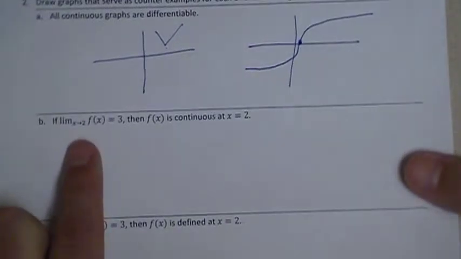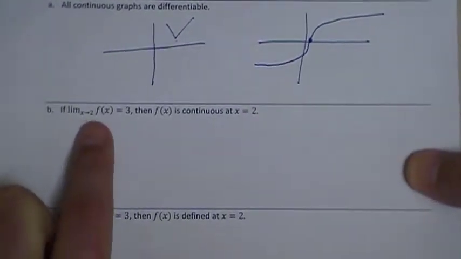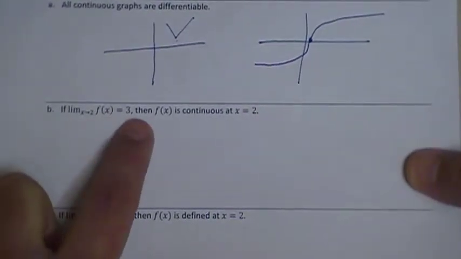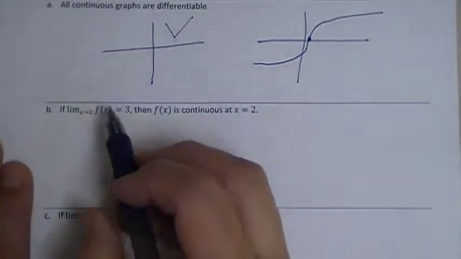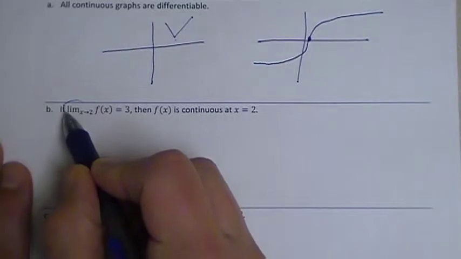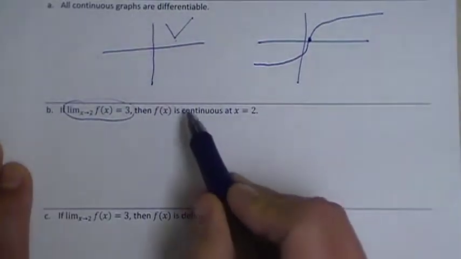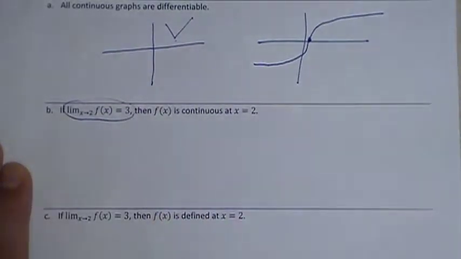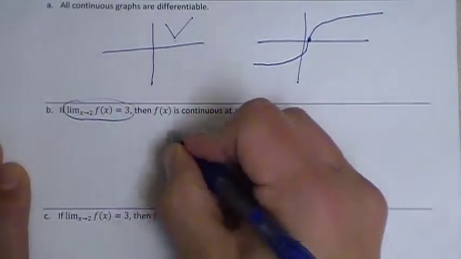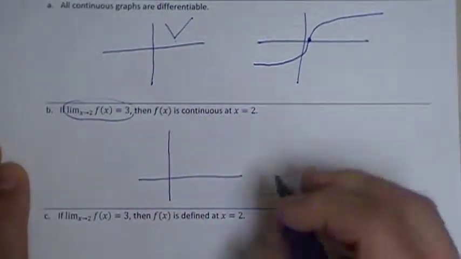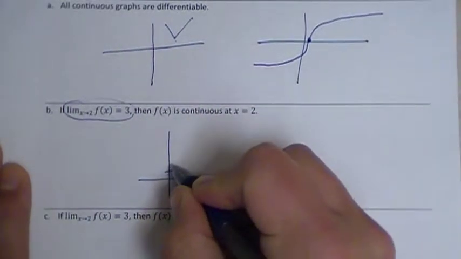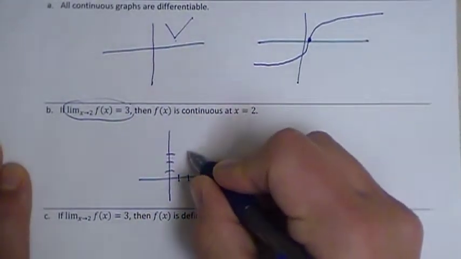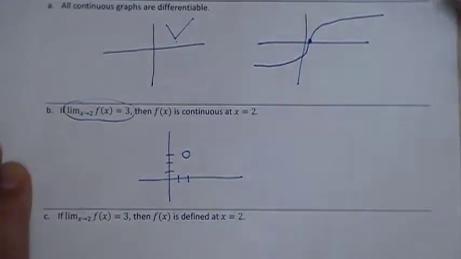Look at part B: if the limit as x approaches 2 of f of x is 3, then f of x is continuous at 2. I want to draw something where the limit is 3 but the function is not continuous, so it's a counterexample to this claim. I start with a point on my graph at 2, 3, but I don't put a closed circle there.